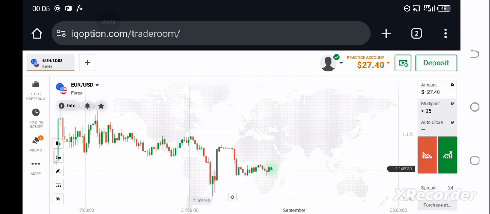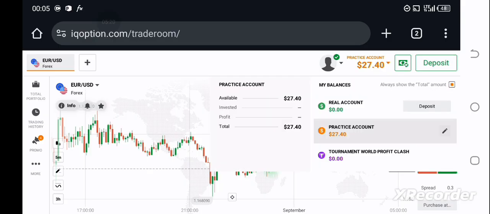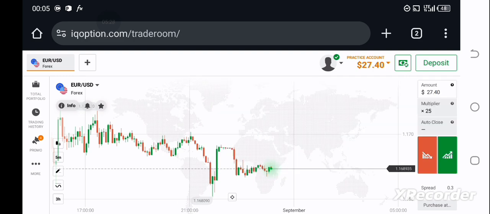You can open a position and just leave it and go about your daily activities. Once it hits your take profit, automatically the trade closes. Once it hits your stop loss, it is going to exit you from the market automatically.